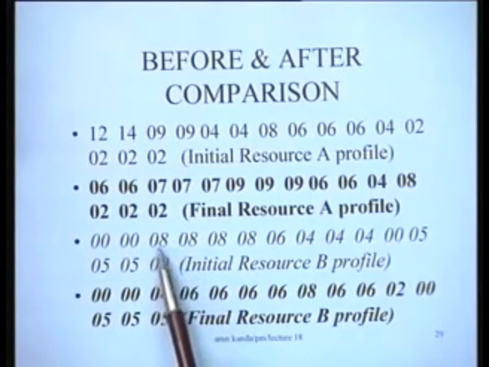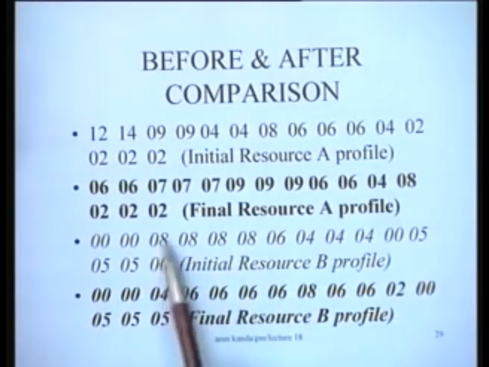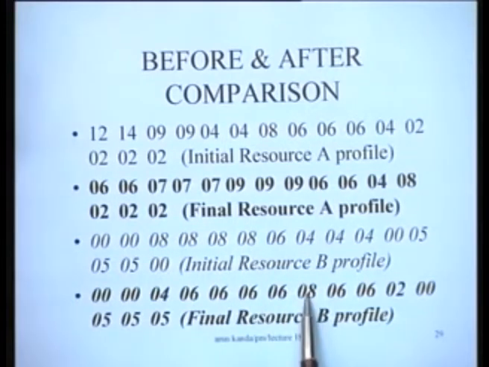The resource peak was 8, occurring on these 4 days. After the solution was applied, the peak resource was still 8, but of course the duration had gone down from 4 days to just one particular day.